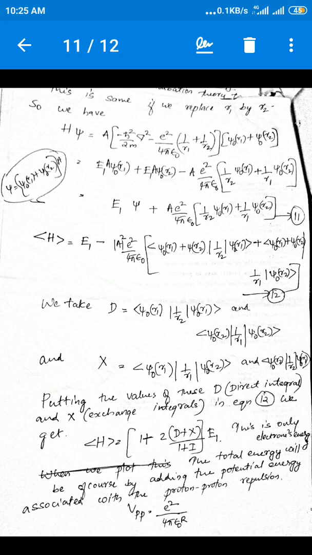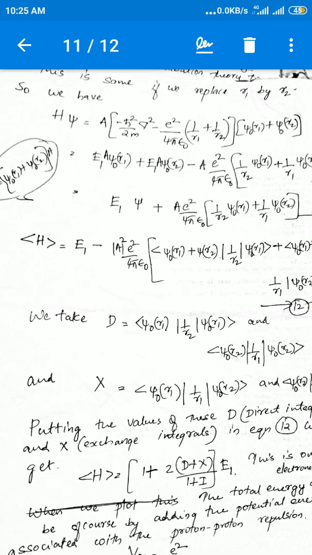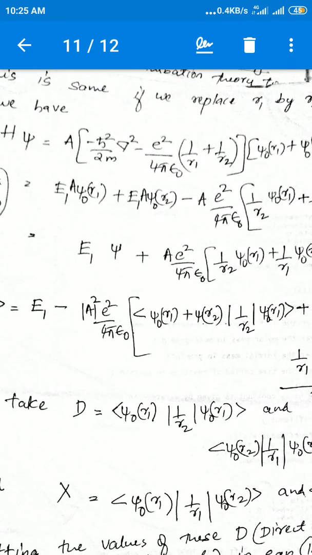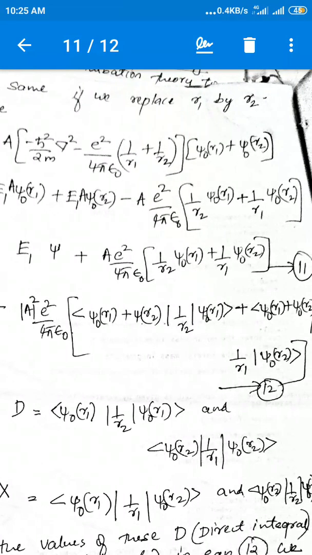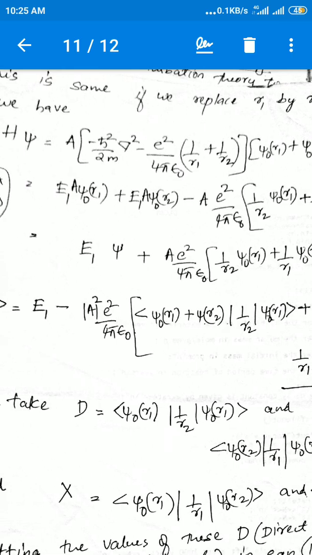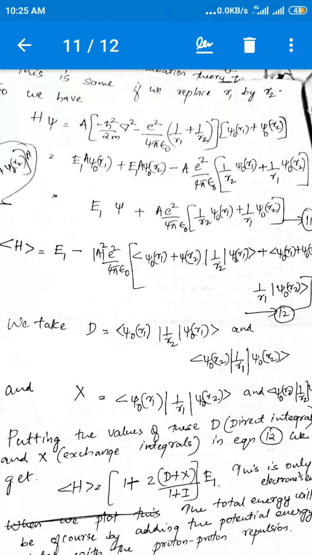The wave function contains a constant A, so we have taken it outside on the left hand side. So A into minus ħ² by 2m ∇² minus e² by 4πε0 into 1 by R1 plus 1 by R2, into ψ0(R1) plus ψ0(R2). So this is the eigenvalue equation without considering the proton-proton repulsion. Only the electron's energy is considered here.